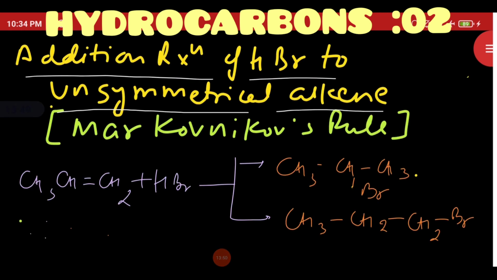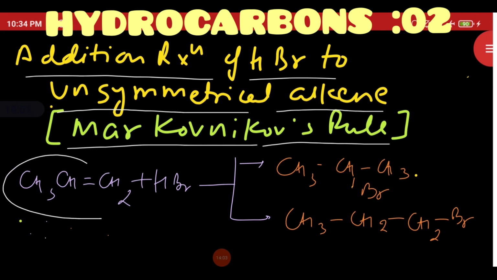Now we'll study the addition reaction of hydrogen bromide to unsymmetrical alkenes, and we'll discuss Markovnikov's rule. This is the case of an unsymmetrical alkene because across the double bond the number of alkyl groups is not equal.